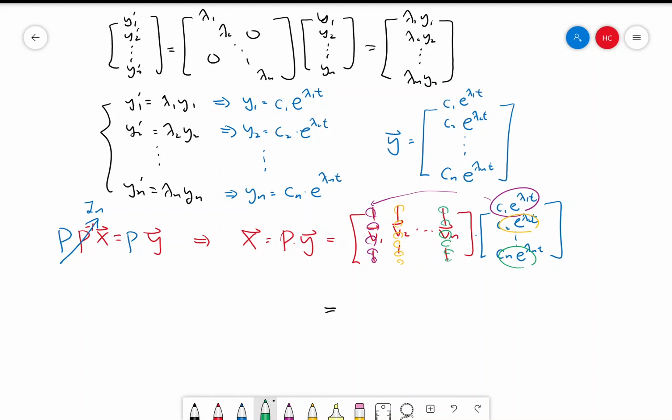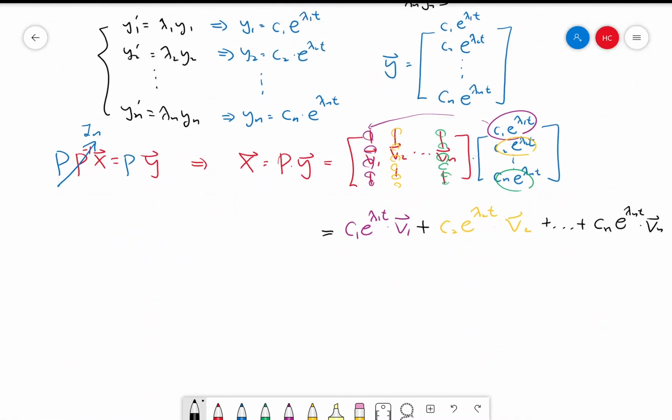So this can be rewritten as c1 e to the lambda 1 t times v1 plus c2 e to the lambda 2 t times v2, plus all the way to cn e to the lambda n t times vn.